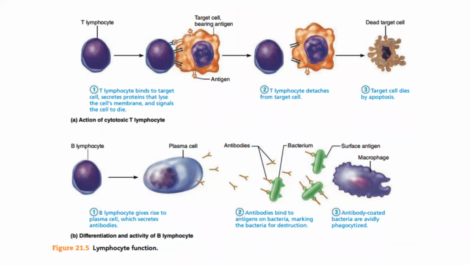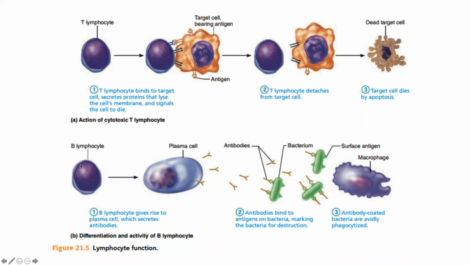As a reminder, I believe we talked about this in our immune system lecture: the different functions of T lymphocyte and B lymphocyte. T lymphocyte binds to the target cell presenting antigen, then detaches from that target cell, and finally the target cell dies by apoptosis.